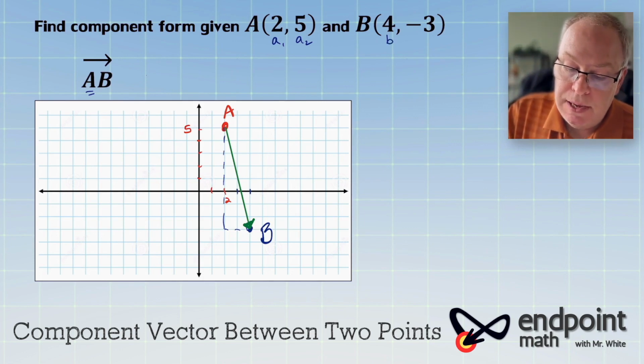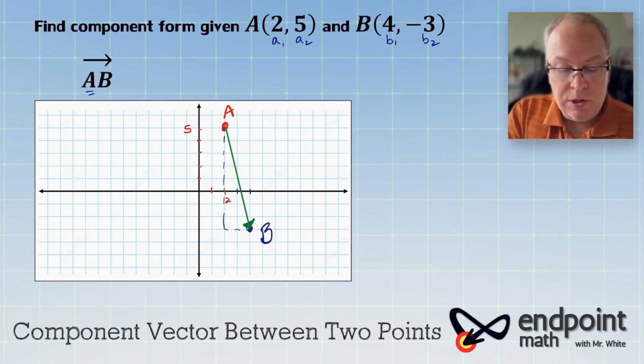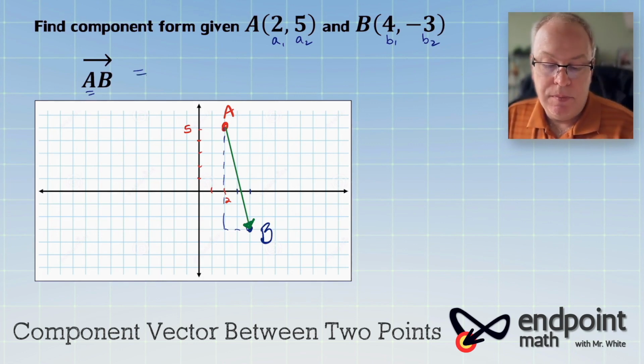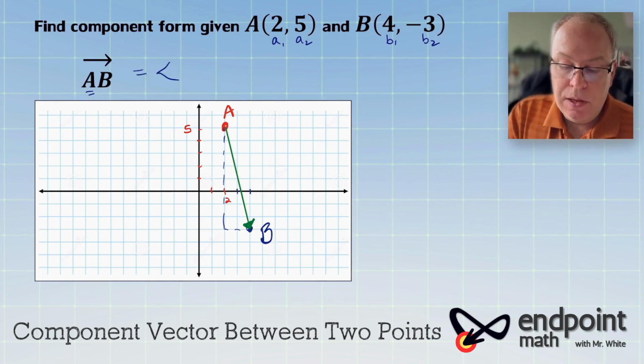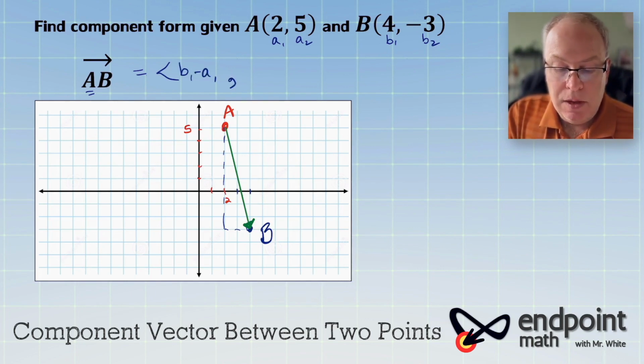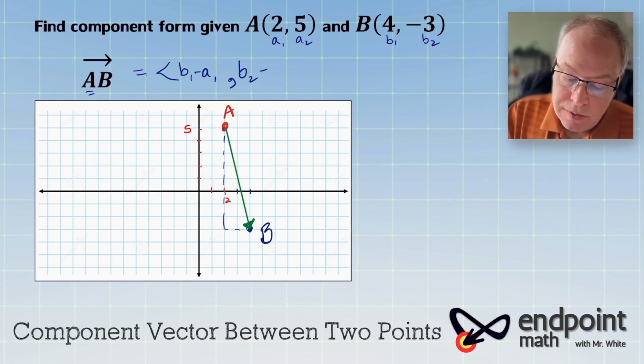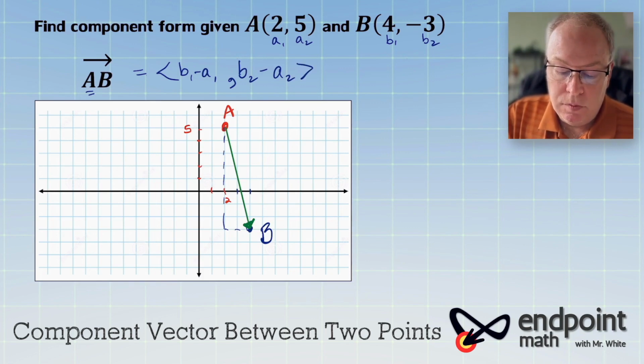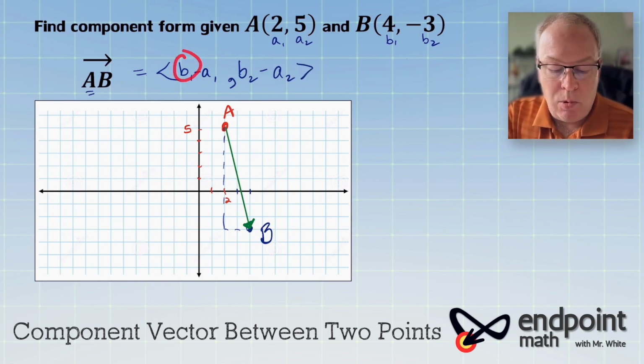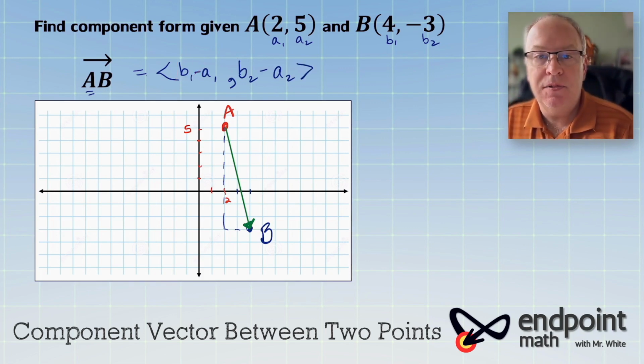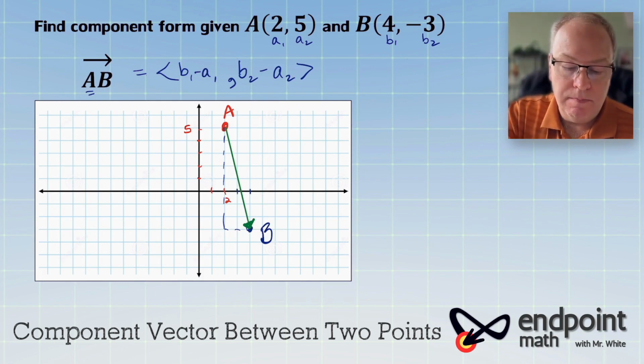This will be b sub 1, b sub 2. All right, so our vector is going to be the b sub 1 minus the a sub 1, comma, the b sub 2 minus the a sub 2. All right, so it's the end point minus the starting point.